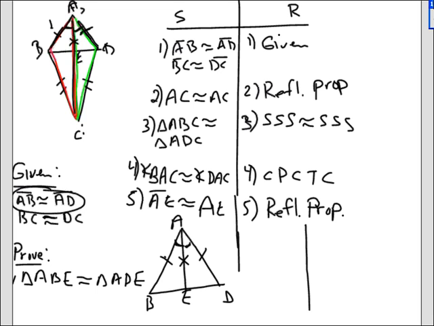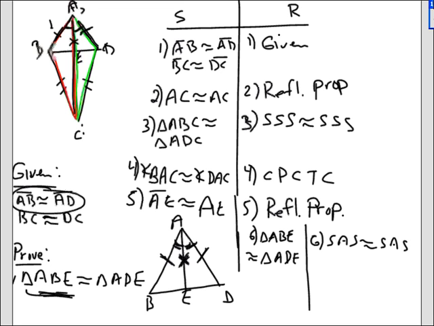So if I may continue here, we say that triangle BAE, well, they want us to call it ABE. Triangle ABE is congruent to triangle ADE. And the reason is side, angle, side, congruent to side, angle, side. And that's that proof.